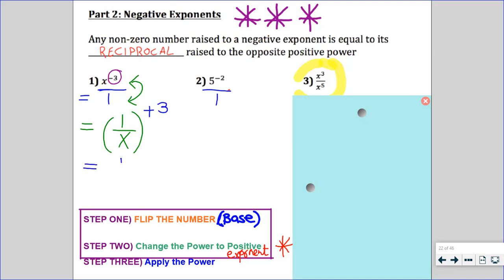So this becomes 1 to the power of +3 over x to the power of +3, which just simplifies to 1 over x to the power of +3. Okay, so it doesn't have to be complicated. It can actually be quite easy.